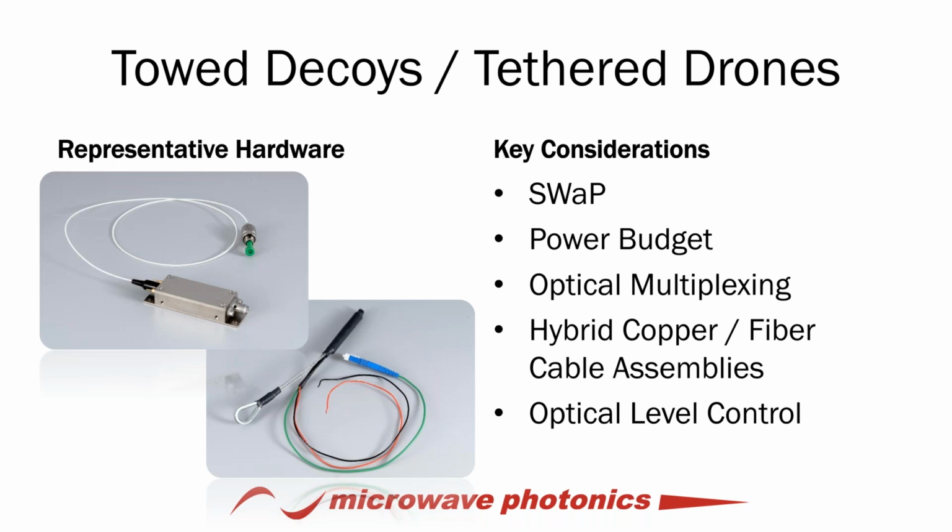Stripping down some of the inherent capabilities in order to provide a form factor that supports a power budget, that provides the capability to do optical multiplexing to minimize tether weight or the towed interconnection weights, to provide optical level control in the sense that depending if this is going through a rotary joint or some sort of slip ring, there may be variations in that optical level, and we'll want to maintain that so you don't see any of that present itself as signal bursting when we convert that back to the RF domain.